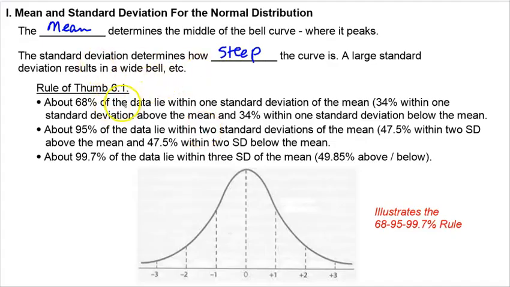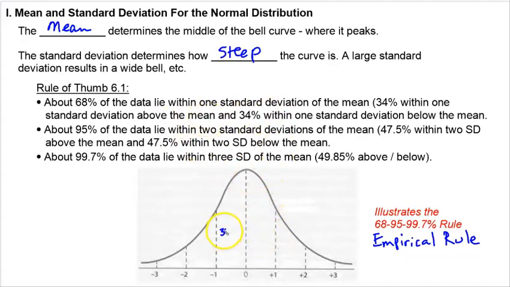All right, so here are some rules of thumb. Some people refer to this as the 68, 95, 99.7% rule. I'll illustrate why in just a second. It's also known as the empirical rule. So you might see that language referring to what we're about to do. 68% of the data lie within one standard deviation of the mean, 34% above and 34% below.